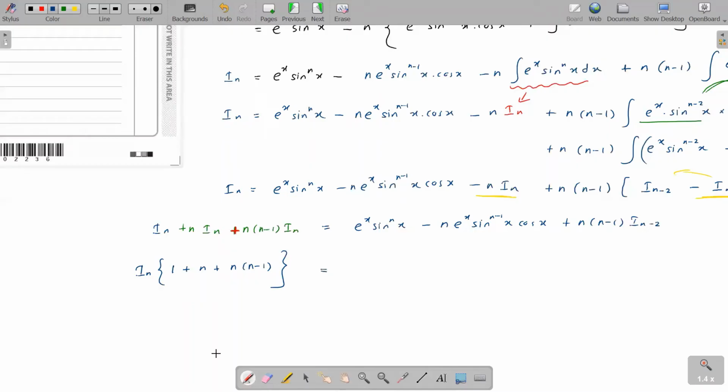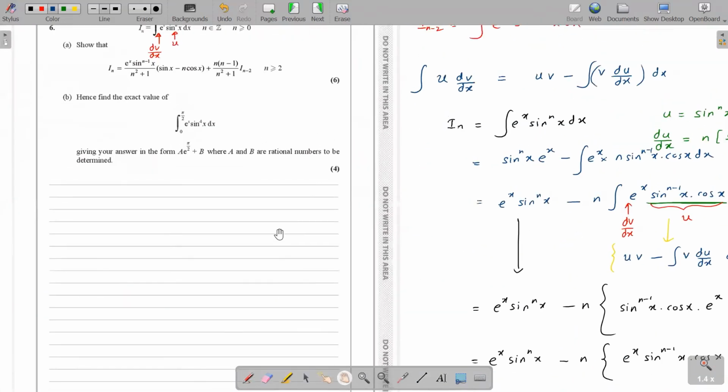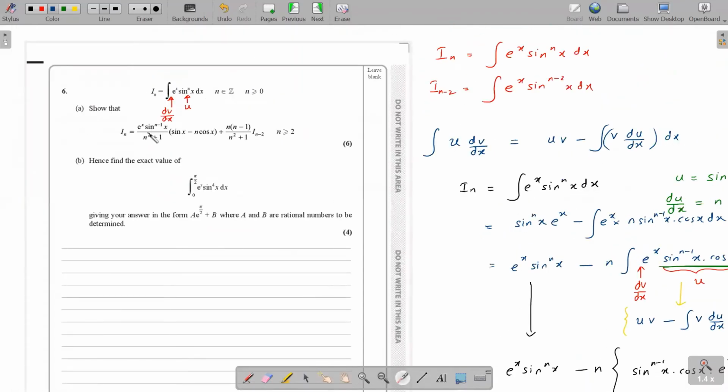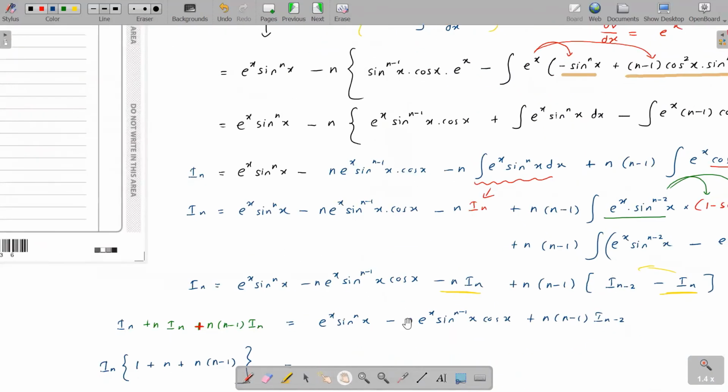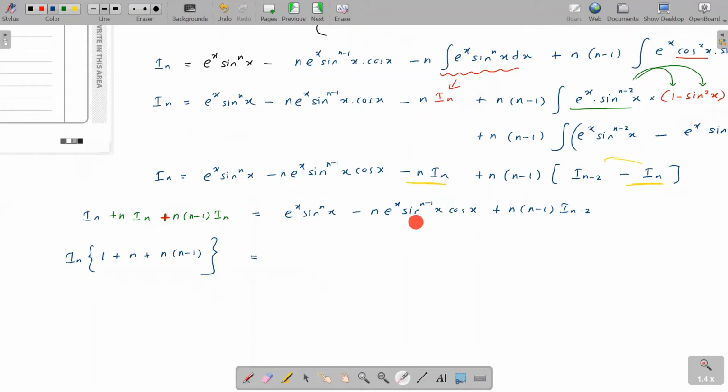Do you agree with me? 1 plus n times (n minus 1). Do you see in the 'show that' that they have e^x sin^(n-1) x taken out as common from the two terms? Can you see? So here I have e^x sin^(n-1) x from here, but I need to take e^x sin^(n-1) x from here as well.